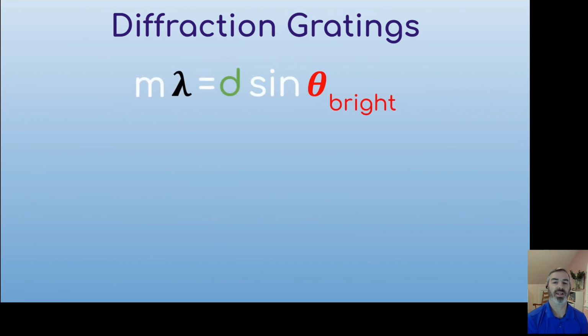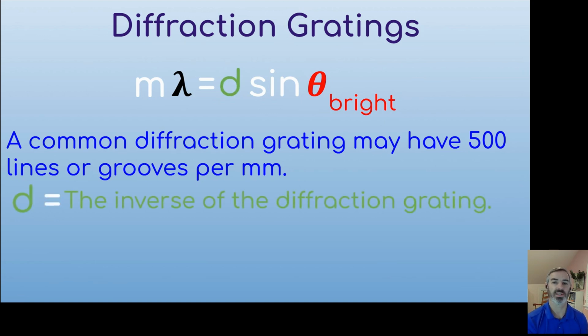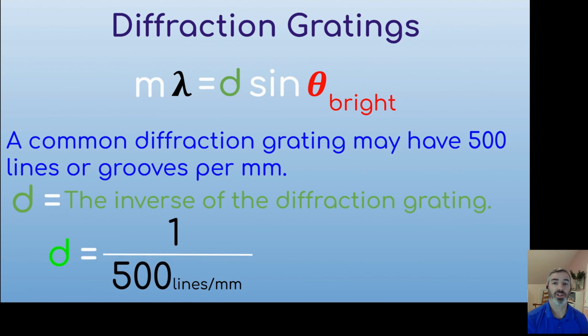Now, diffraction gratings, if we look at our equation, a common diffraction grating, let's say we have 500 lines or grooves per millimeter. What this helps us find in our equation is the distance d, the separation between the slits, and that's the inverse of the diffraction grating. So to calculate the separation between the slits, we just do 1 divided by the diffraction grating.